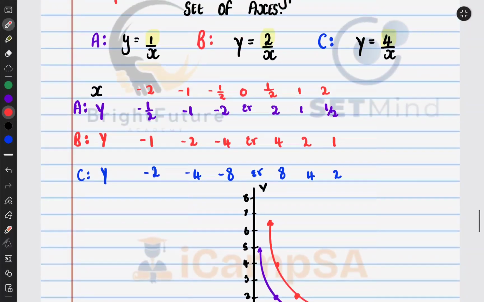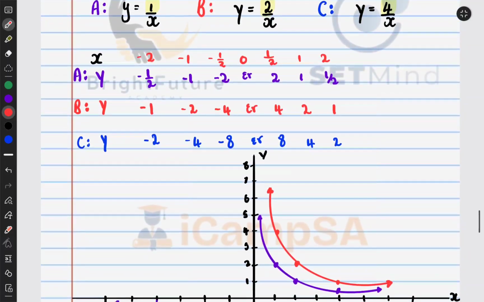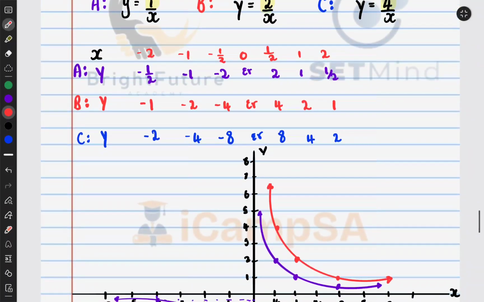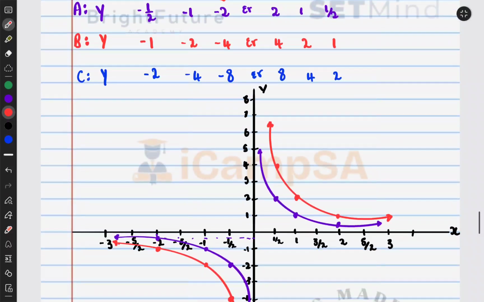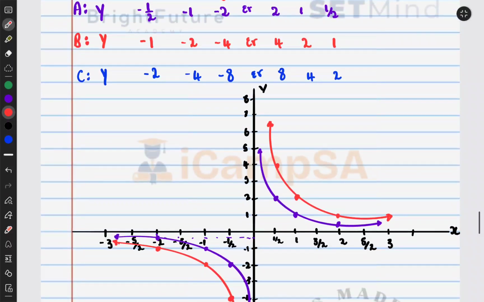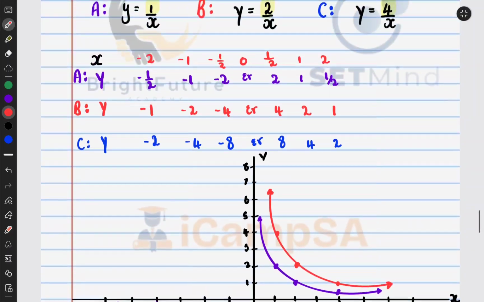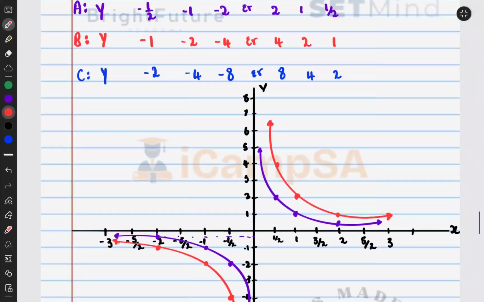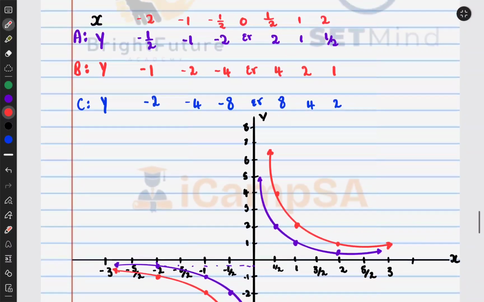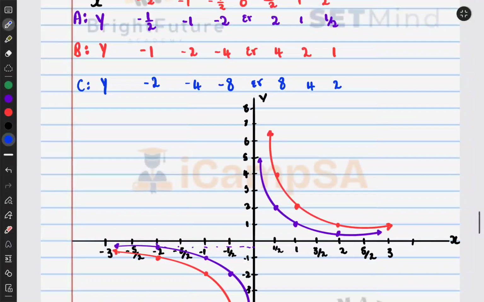Let's go ahead and increase the value of a to 4 now. A is the numerator for x, remember. And still, what are we expecting? We're expecting this function to move much further away from the x-axis. We are expecting the vertical stretch to increase once again. For C, let's plot the points.